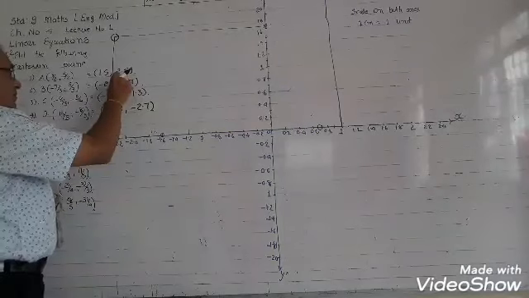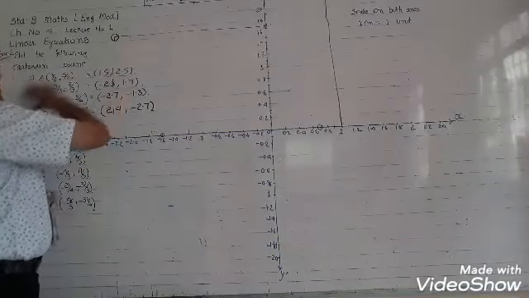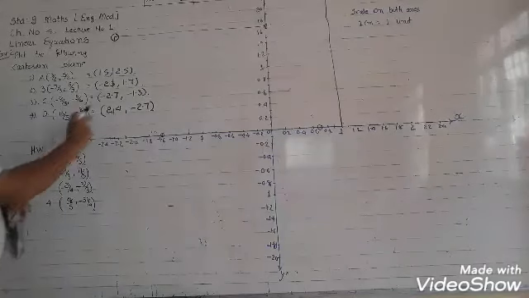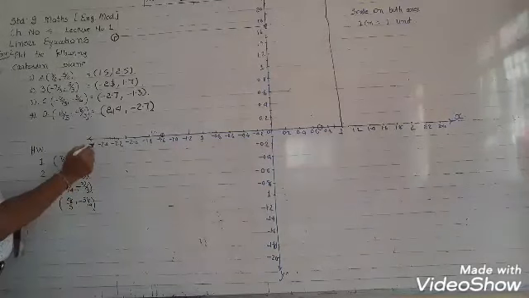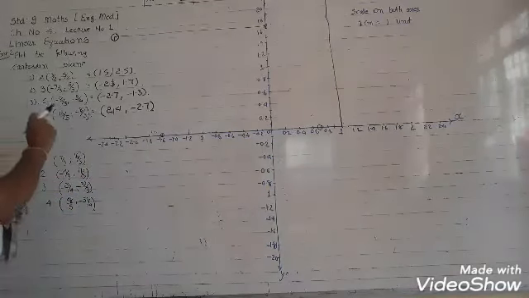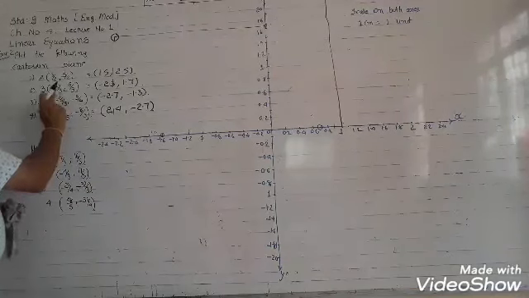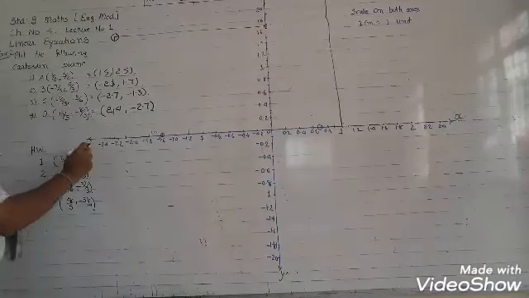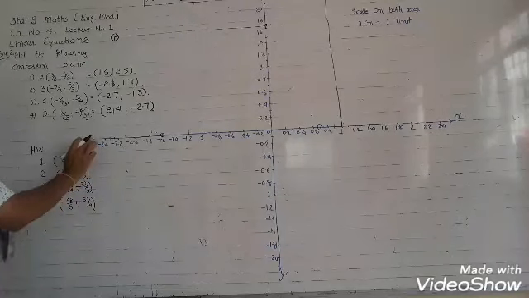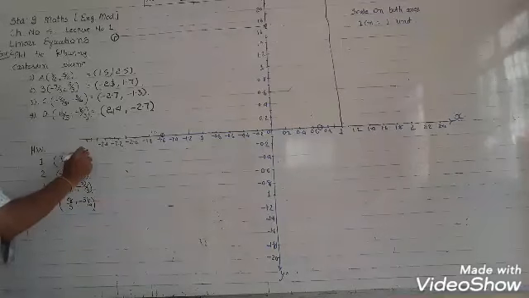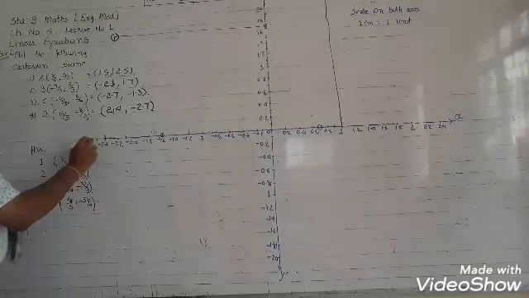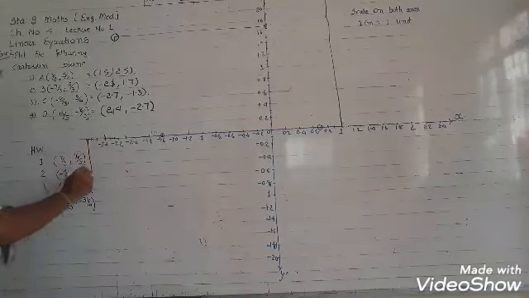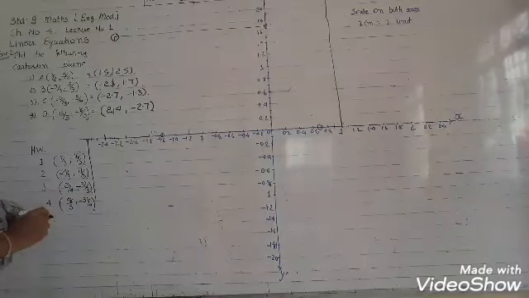Then minus 2.7, I will change it. 2.4 here, 5, 6 and 7: 2.6, 2.7.